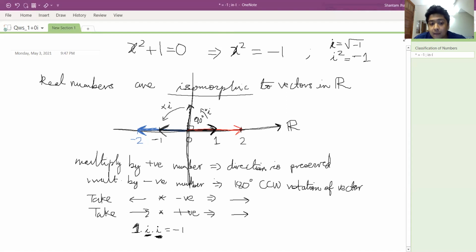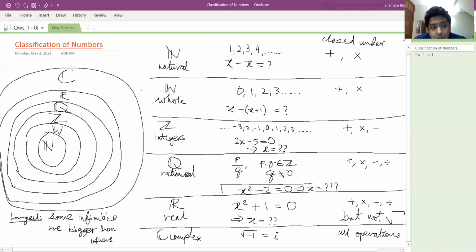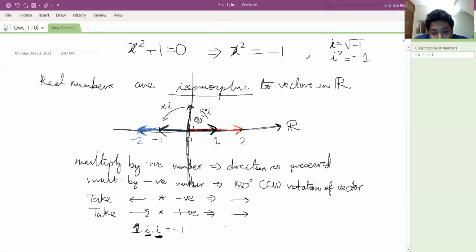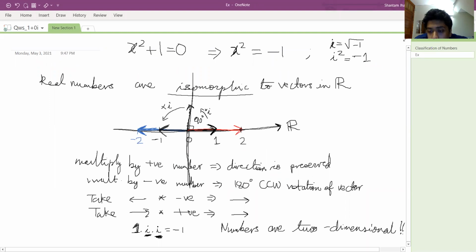What does that mean? And knowing that complex numbers are the entirety of the representation of numbers, what does that mean? This means numbers are two-dimensional. Wow. This means numbers are two-dimensional, okay?